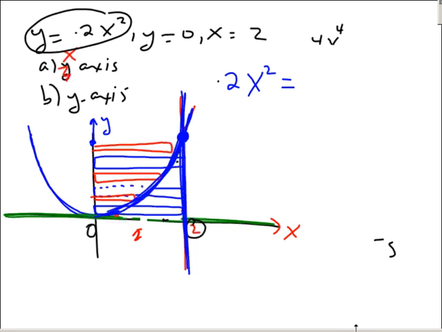At that point, I know the x value because everywhere on this line, x is 2. So x is 2, and to find the y value, I do 2 times 2 squared, which is 8. That is, y is going to go from 0 to 8.